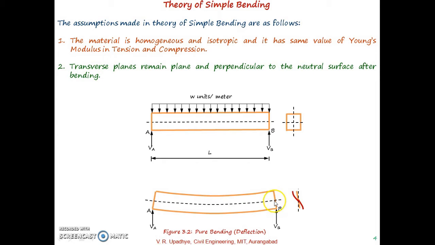Before bending it is plane, and after bending it is still plane and perpendicular to the neutral surface. If you consider the tangent of the neutral surface at this position, the plane is perpendicular to that tangent. The deformation drawn in red color is not taking place. Whatever deformation is taking place, the transverse planes remain plane and perpendicular to the neutral surface after bending.